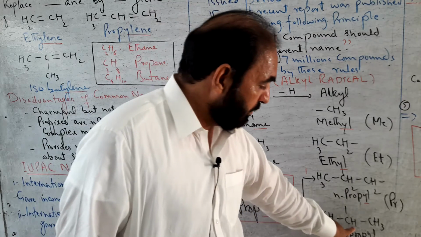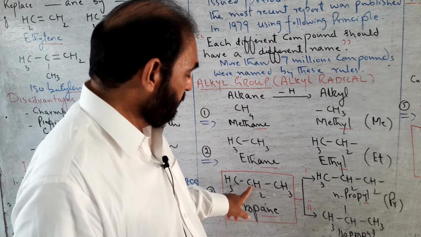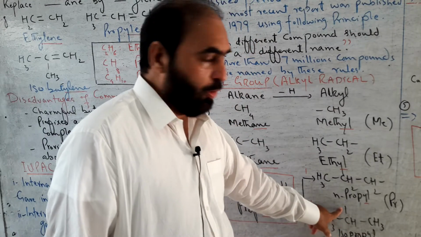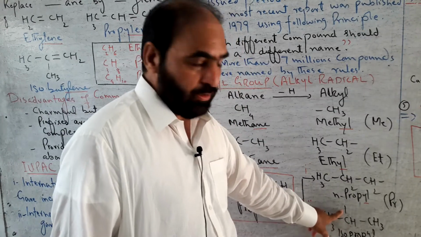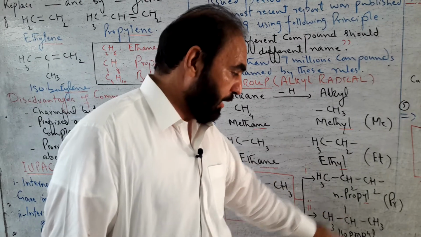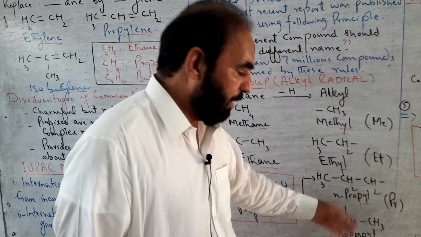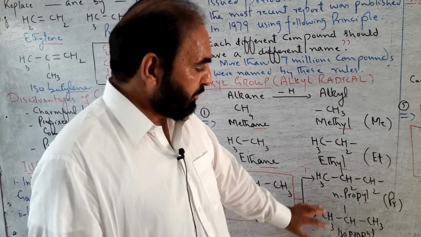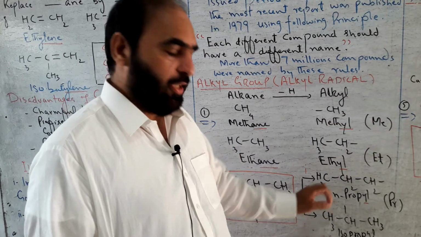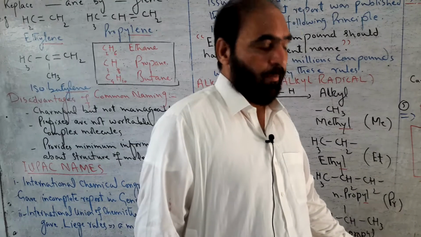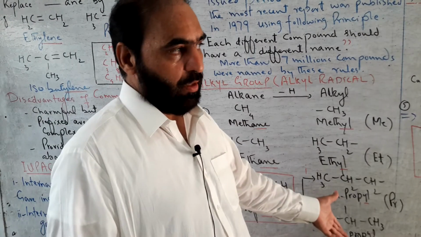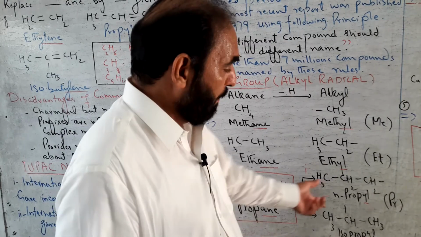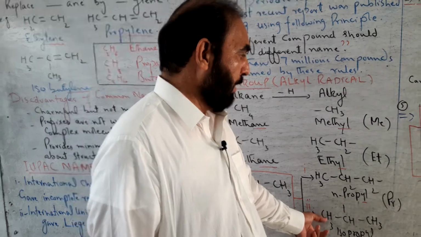But when there is only 1 hydrogen atom with this carbon atom, one valency of this carbon atom has been opened. Open valency is shown by a hyphen on carbon atom, which can be placed above or below on either side. It does not matter. The structure has same name, isopropyl. So these are 2 alkyl groups of propane, N-propyl and isopropyl.